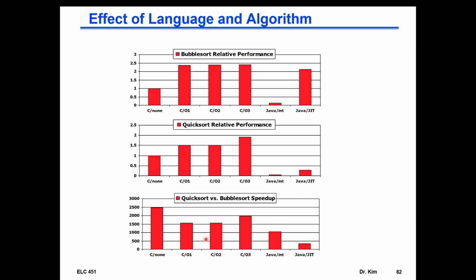But this shows it for the different optimization levels for Java and for Java with the just-in-time compiler. So it's important to be able to put data like this together, because that gives you insight into how an architecture responds to real programs.